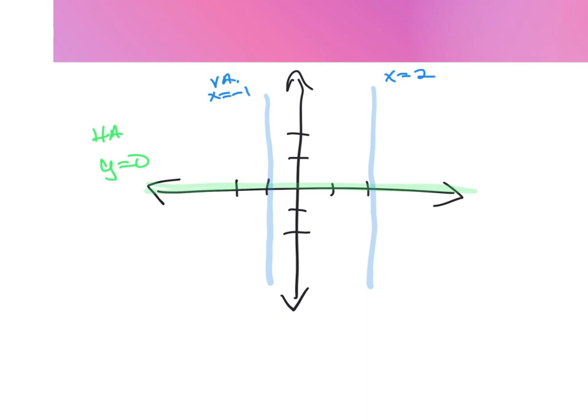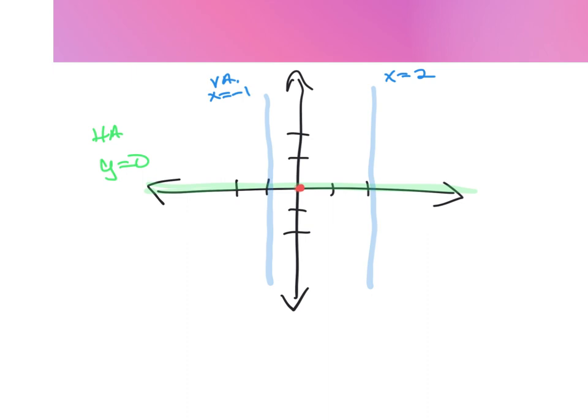All right, so let's go ahead and get some additional points. Okay. So let's go ahead and also graph. I can graph my x and y intercept, which is the ordered pair right here in the middle.